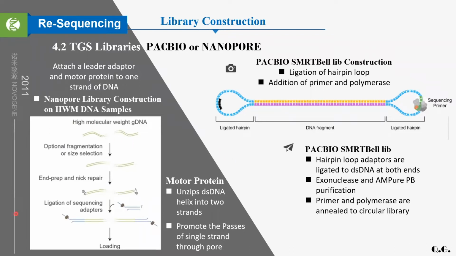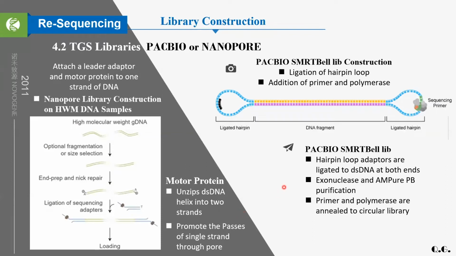The nanopore library is prepared by attaching a ladder adapter and motor proteins to one strand of DNA. And this motor protein will unzip the double-stranded DNA helix into two strands and permit the passage of the single strand through the pore.